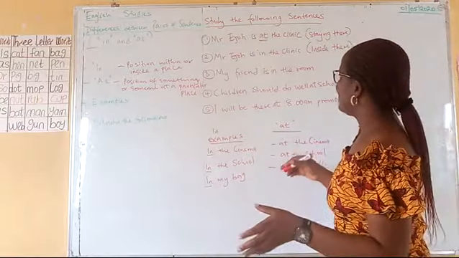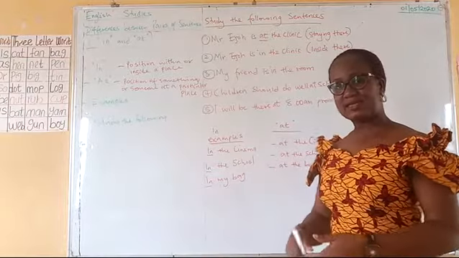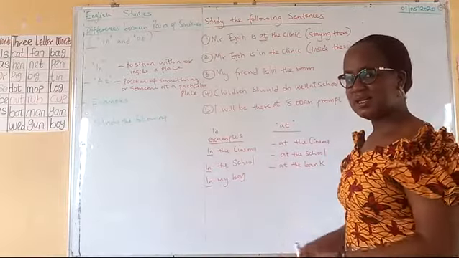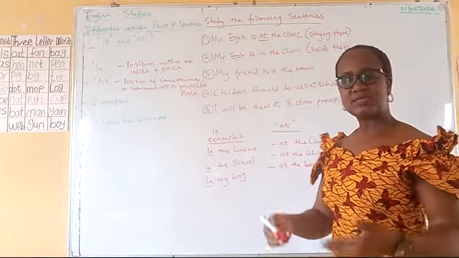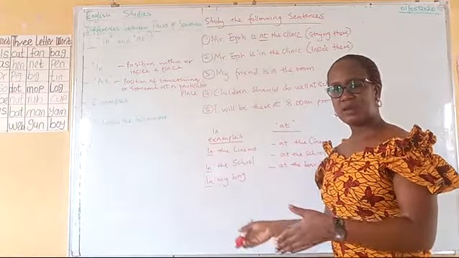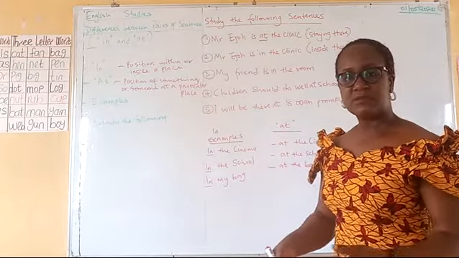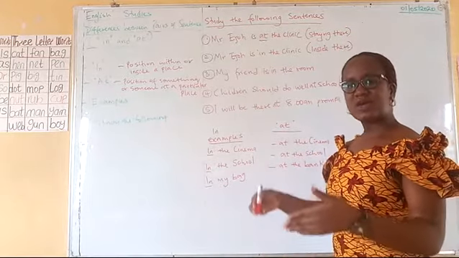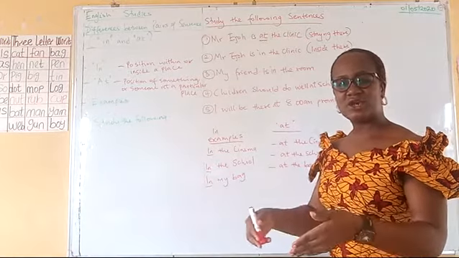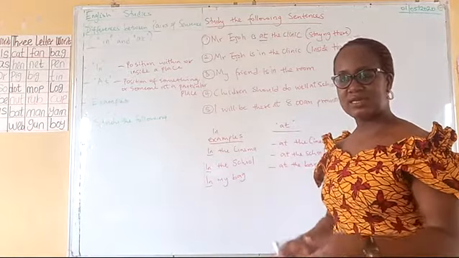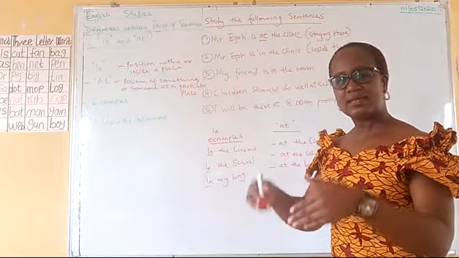Now, Mr. Ejo is in the clinic. This time around, inside the clinic. You're telling us, when it comes to the clinic, whether Mr. Ejo is outside or inside. You're telling us that Mr. Ejo is inside the clinic, within the clinic.